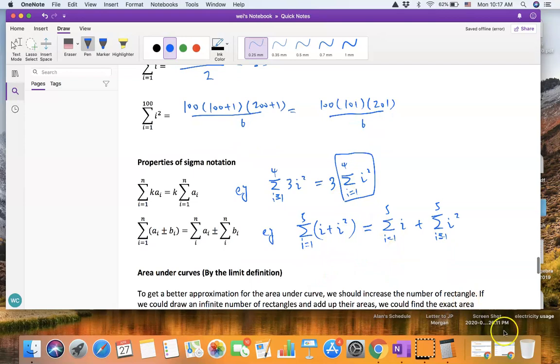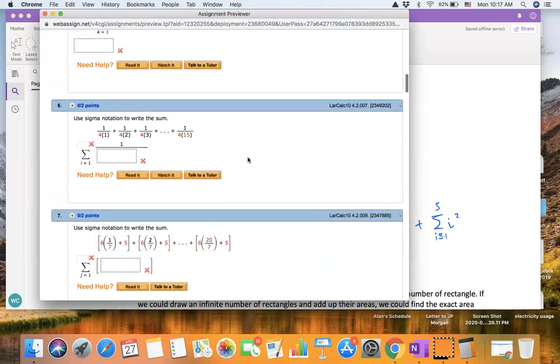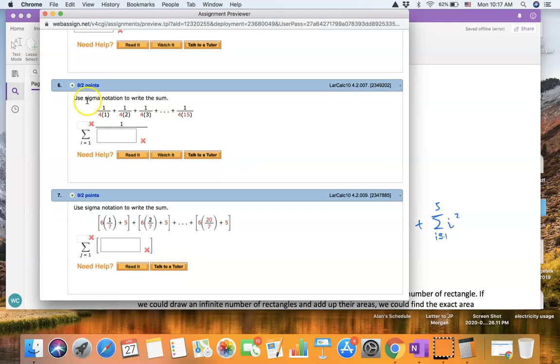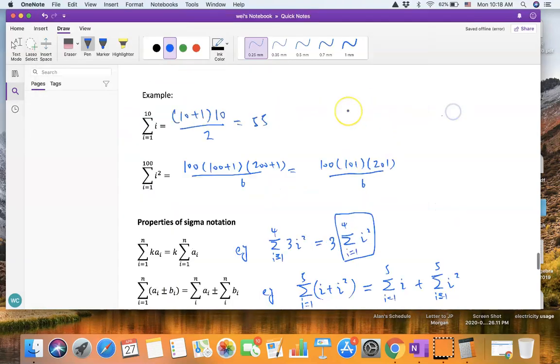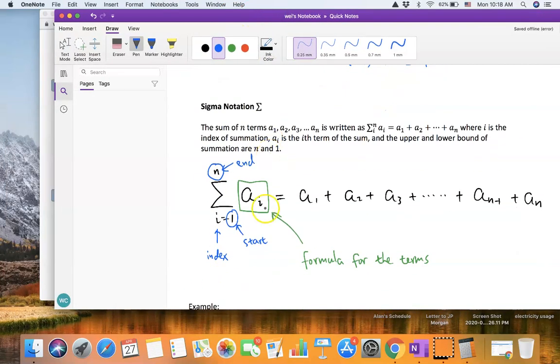Now next, let me do some problems from the homework. So let's start with this one. Use sigma notation to write the sum. So here we're given this sum, and we want to write this into sigma notation. So here it requires us to figure out a couple of things.